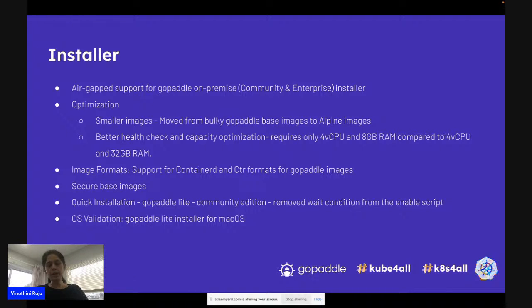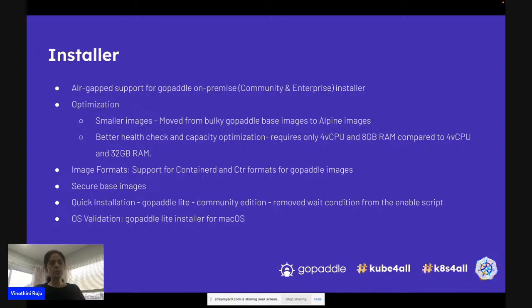Now we have brought it down to 8 GB RAM, making it really easy to install even on a laptop and then scale from there. The minimum requirement has been reduced from 32 GB to 8 GB. For image formats, we now support containerd and the CTR formats as well. We have made all these base images really secure. We have run all the vulnerability scans and made sure these are really secure.